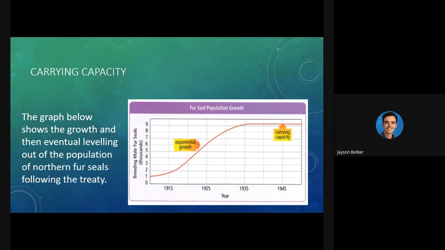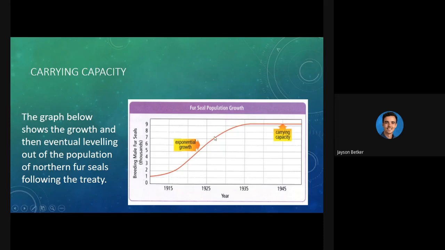Right down here at the start, this is around 1911. This is how low we got that population to. There were only a couple thousand of them, or even less, just over 1,000 of them. And then they signed the treaty, so they're no longer being hunted, and you can see that exponential growth returns.